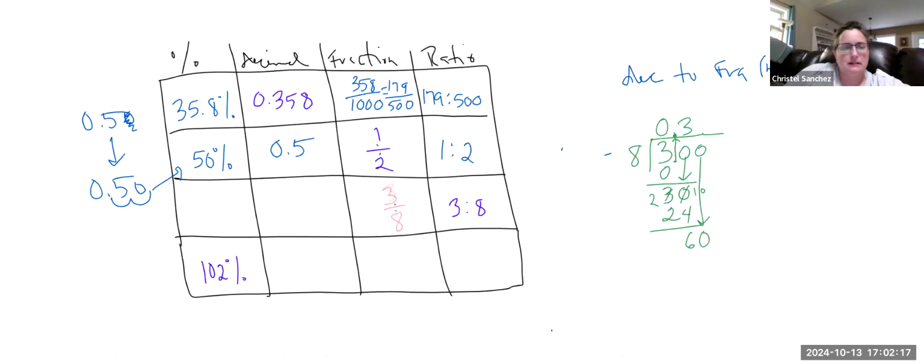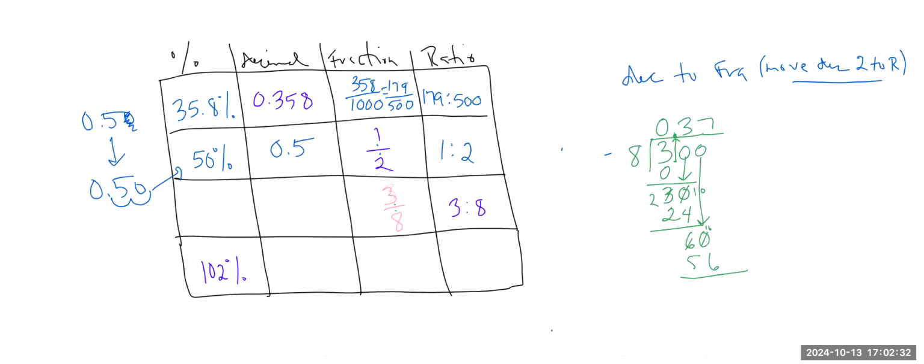Okay. All right, so we have our 7. 8 times 7 is 56. All right, now when I subtract this, how many is it going to give me? 4. All right, can 8 go into 4? No, gotta bring the 0 down.